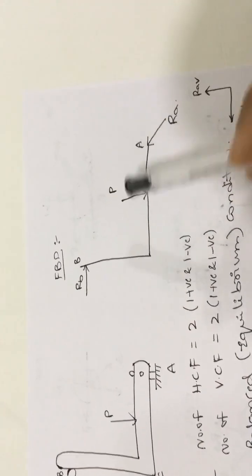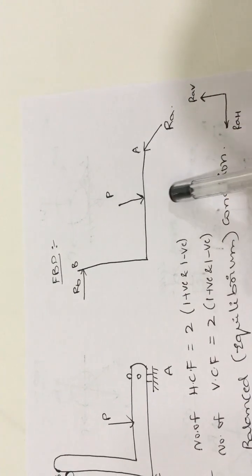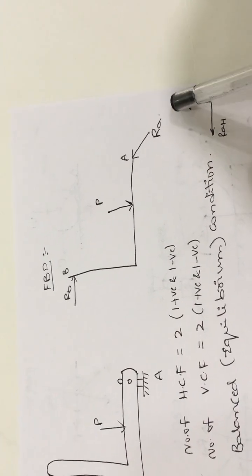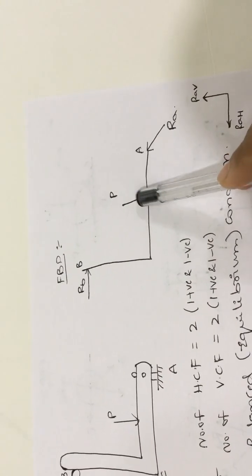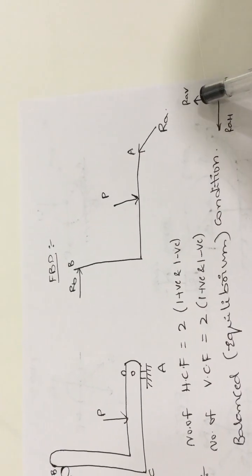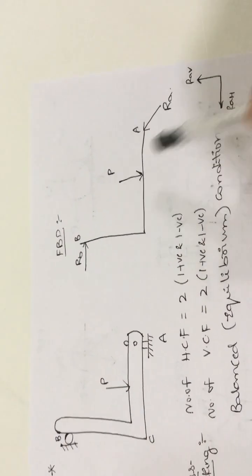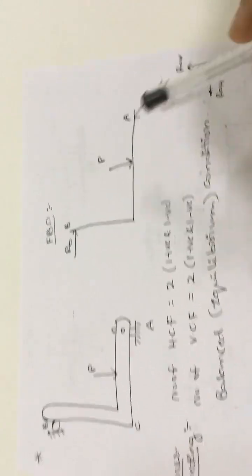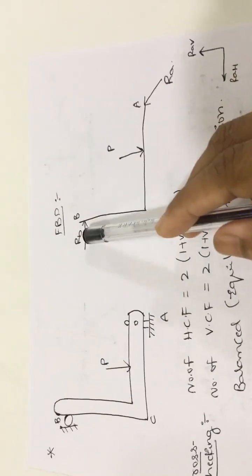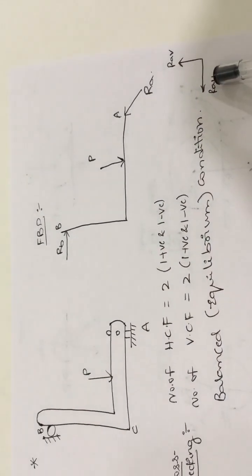And coming to the vertical components, here P force is projecting towards the negative y-axis. As it is going into the second quadrant, you will get one vertical force in the upward direction. So this downward vertical component of the force is balanced by the vertical component of this RA. So that is nothing but sigma v is equal to 0. Number of horizontal component forces is equal to 2. One positive component, one negative component.